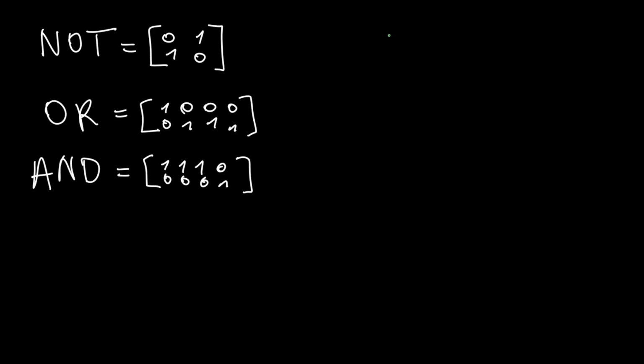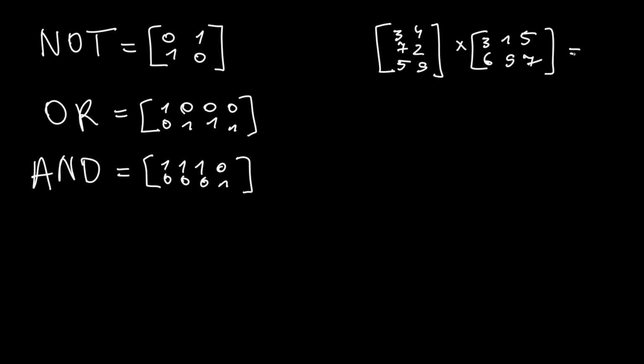Let's remind ourselves how matrix multiplication works. So let's pick this example. Have a matrix like this, and we multiply by a matrix like this. We're gonna pick here the row and here the column, and multiply 1 by 1, and then add them together.